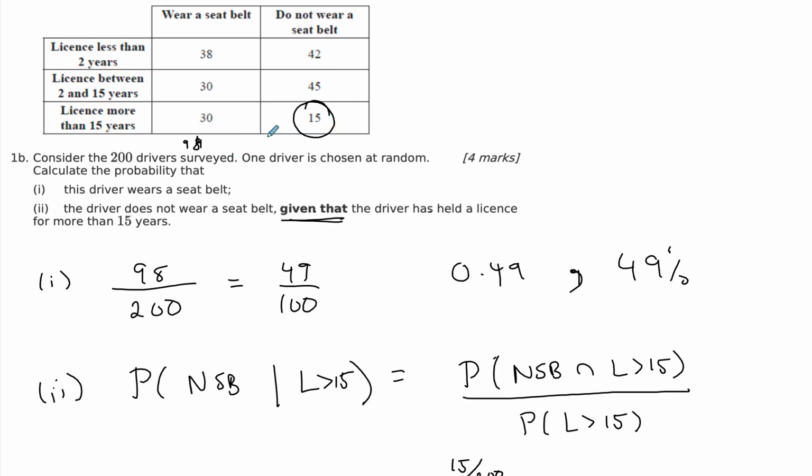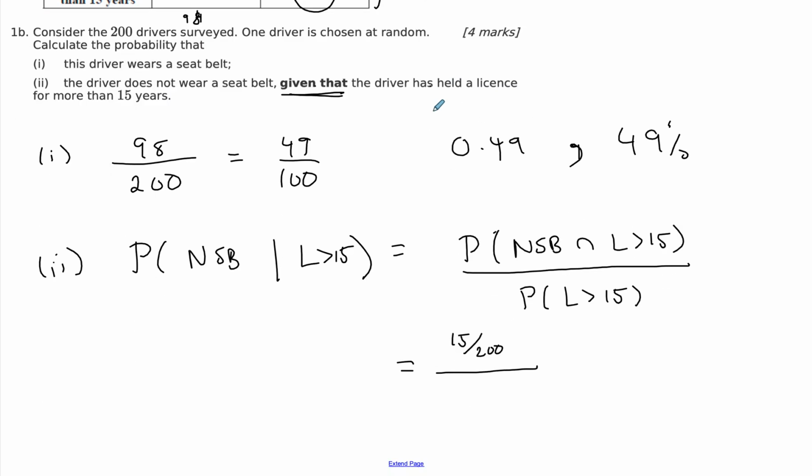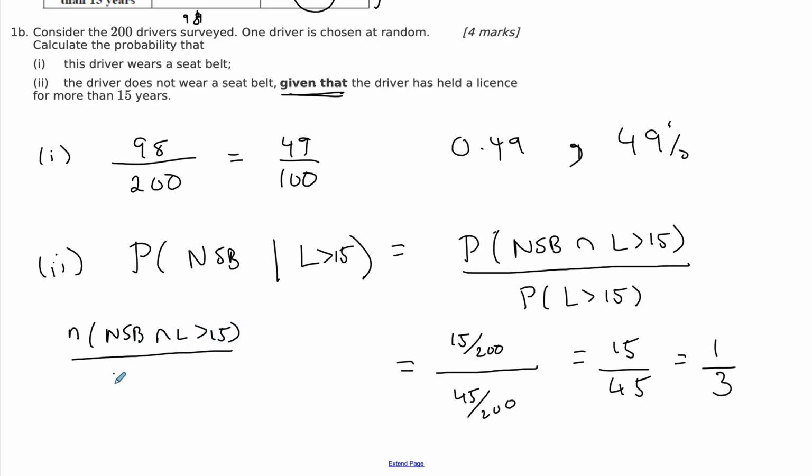And then divided by license over 15, which is basically the sum of all of this row, which is 45. So we have 45 over 200. And this simplifies to 15 over 45, which is 1 over 3. Now, another way to think about this is to replace the probability and just take the number of elements in those sets. That was one of the ways I explained this.